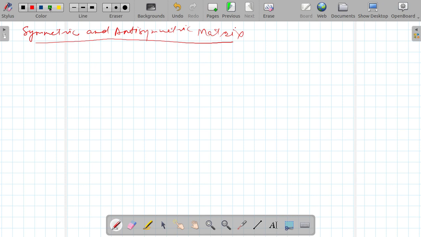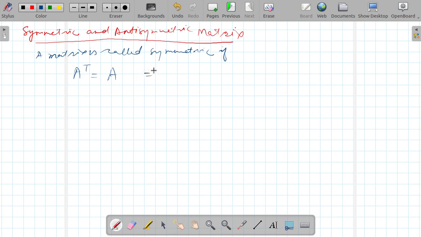So a matrix is called symmetric if the transpose of a matrix is equal to its original form.